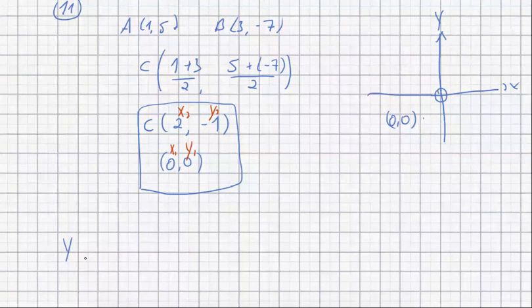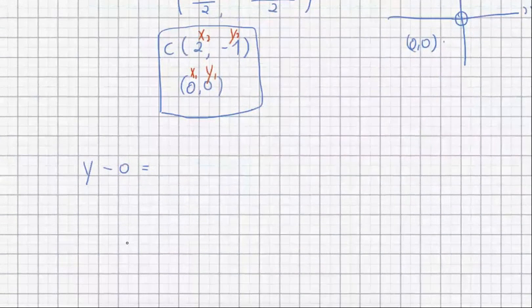So I'm plugging it into y minus y1 equals m. Okay, so 0. Yeah, 0. No, 2. No, why? You can choose either one of them.